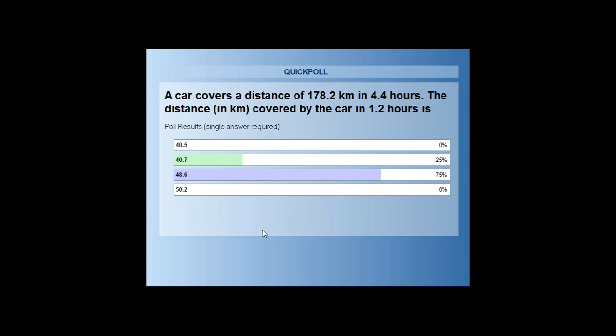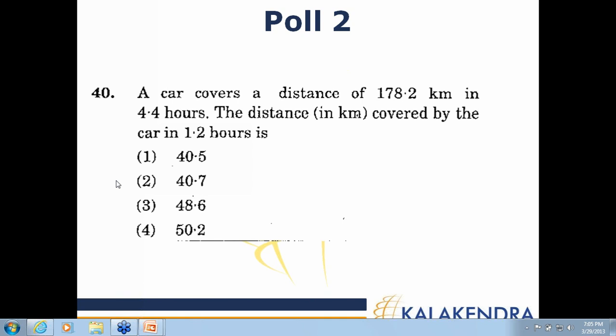If you look at this question, and the screen's still loading, so I'll just hang on for a second here. Okay, great. Now if you look at this, a car covers the distance x in so many hours, distance covered by the car in 1.2 hours is, etc.